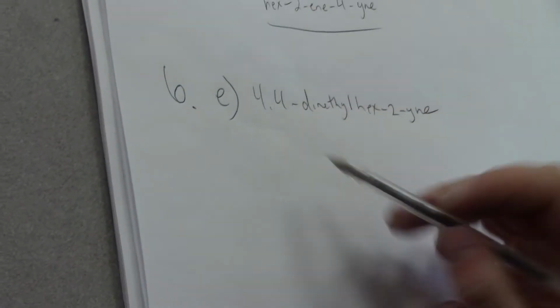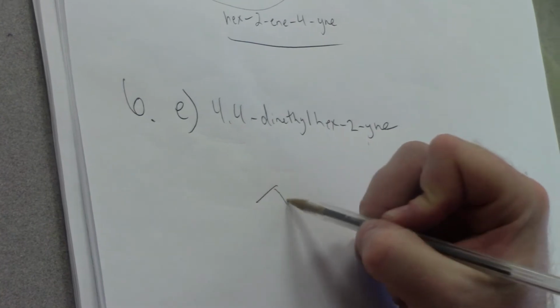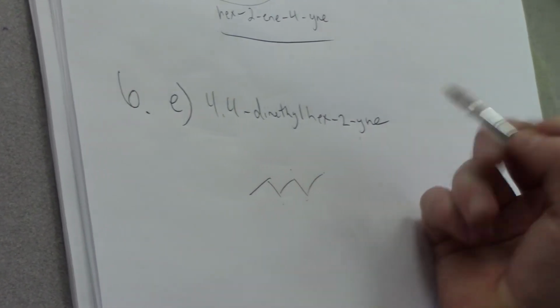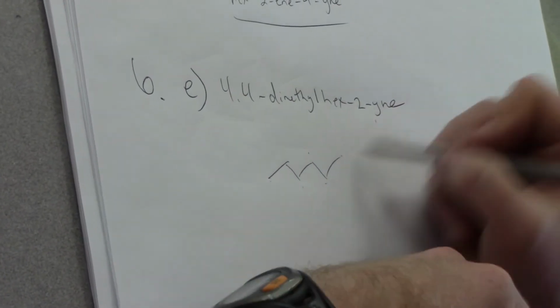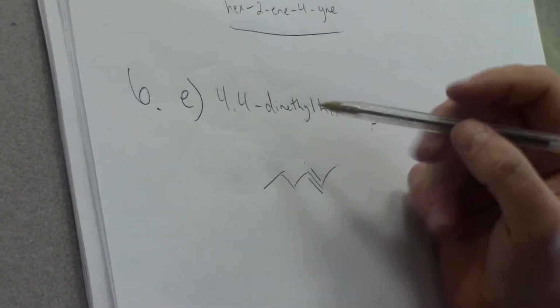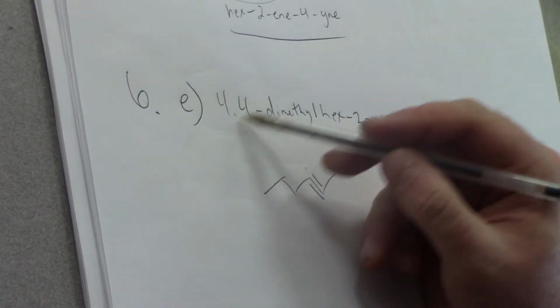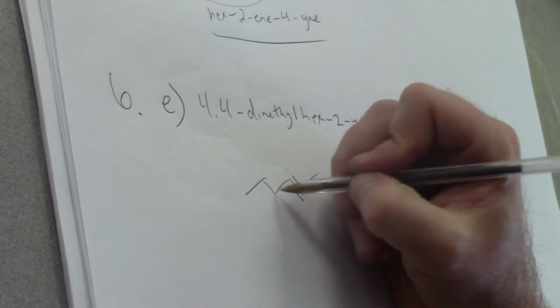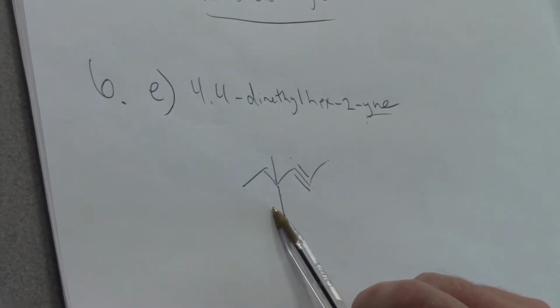Okay, so I'm going to make the parent molecule first. So this is hexyne, and then the triple bond is on carbon 2. And then there are 2 methyl groups on carbon 4. So that is how I would draw that. 4,4-dimethylhex-2-yne.